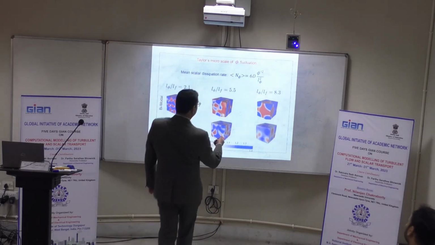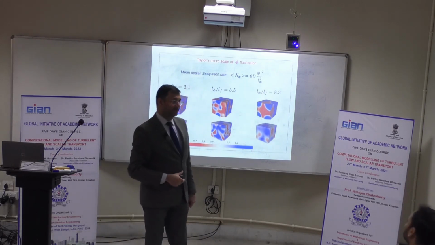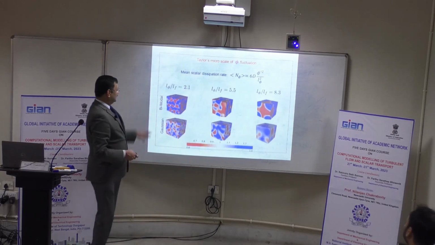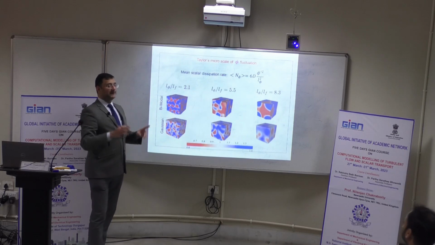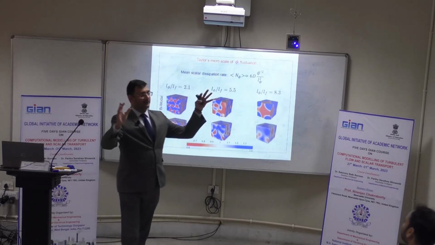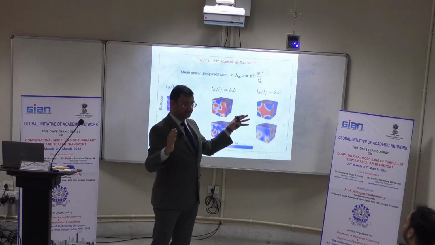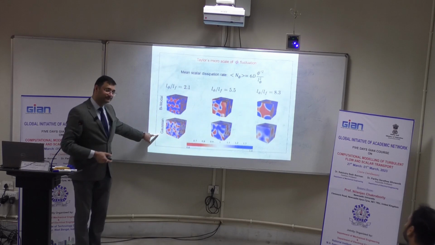When it increases, you are seeing bigger blobs. This is where the distribution is bimodal in nature. That means you have one value and another value, and in between there are samples, and this one is Gaussian.